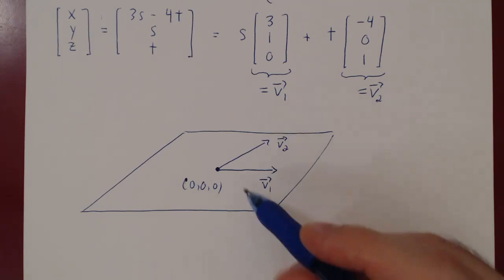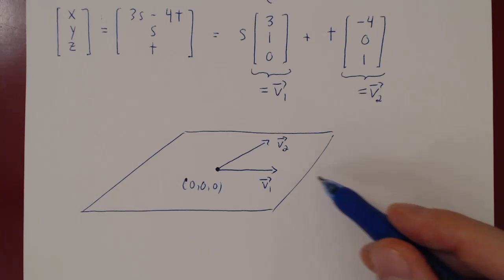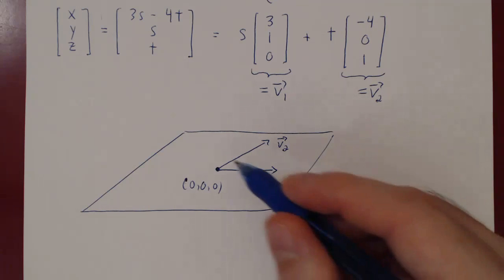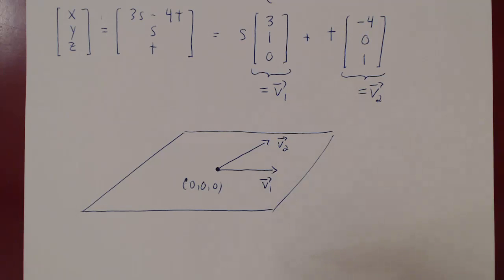You can kind of imagine it. If you add the right multiple of v1 to the right multiple of v2, you can get any given point on this plane.